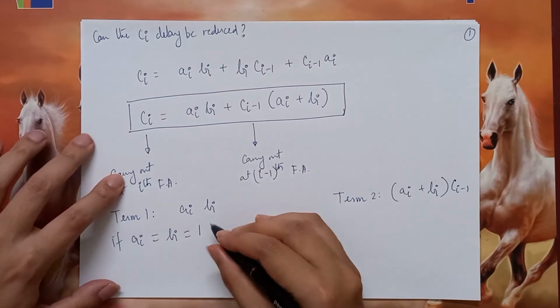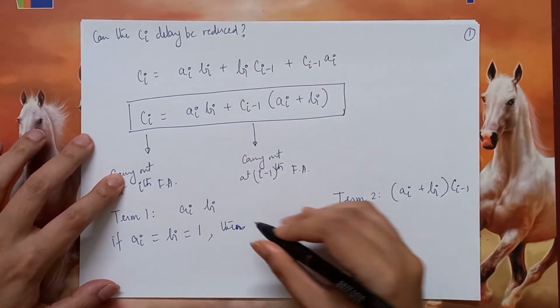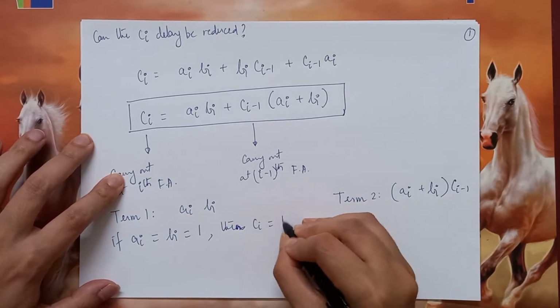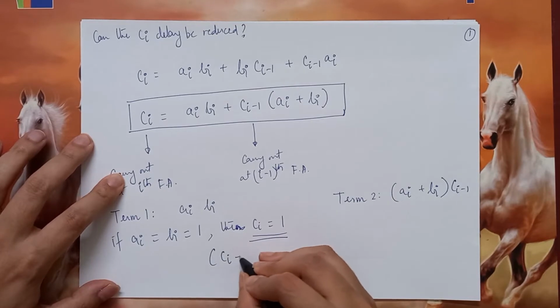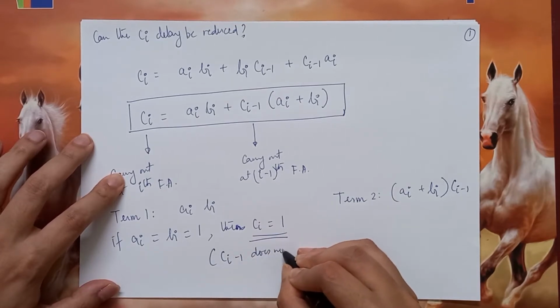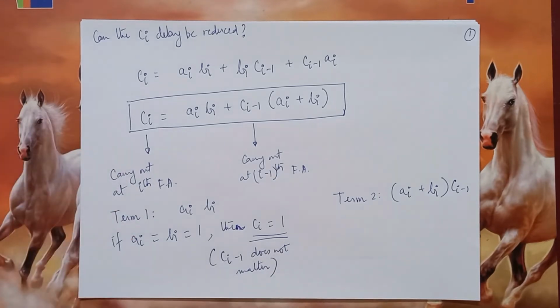So then Ci will be 1. In this case Ci minus 1 does not matter. So what have we done?